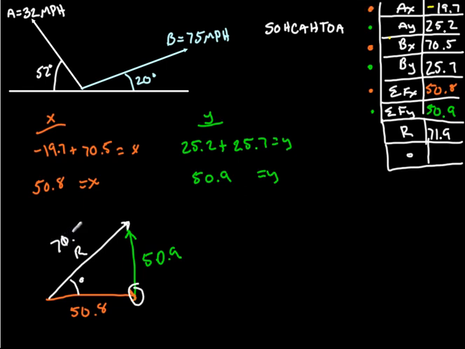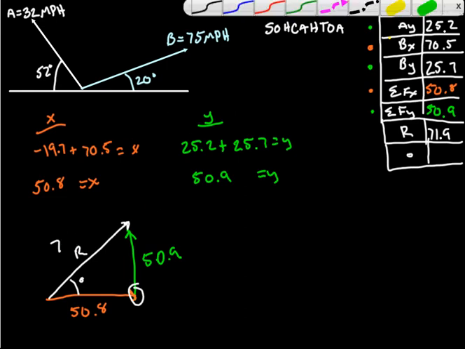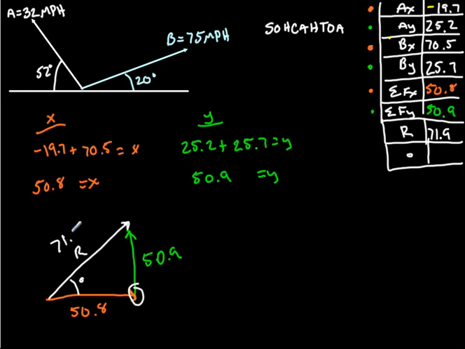Okay, so we have 71.9, and we have a 50.8 and a 50.9. So we can really quickly do a jump here, because this is the angle we're looking for right here.